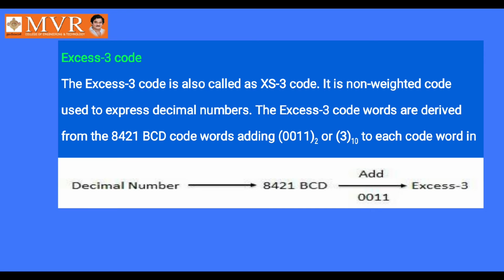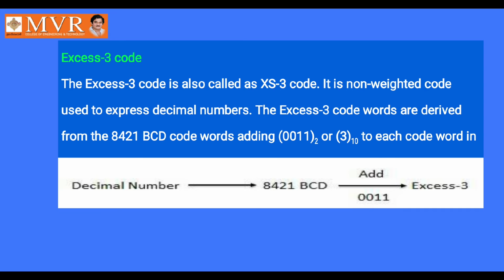The next one, you see the XS3 code. The name itself tells you: for decimal 0, which is 0, 0, 0, 0, the equivalent XS3 code is 0, 0, 1, 1. What is the decimal value of binary 0, 0, 1, 1? It is 3.